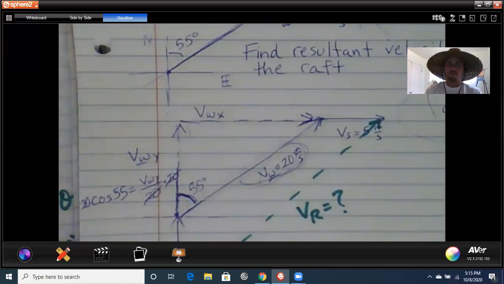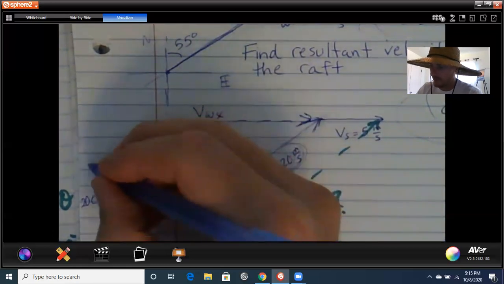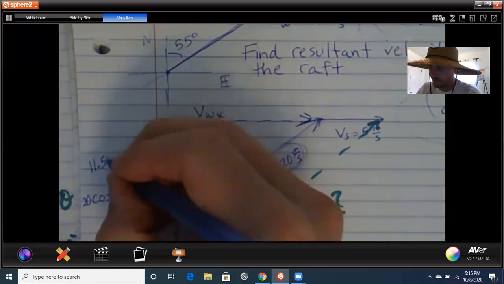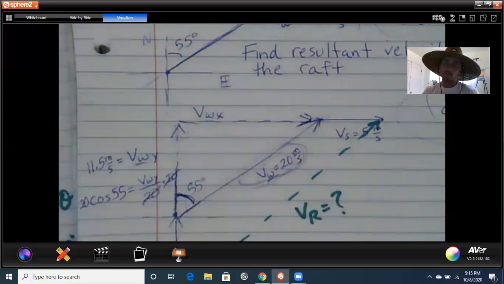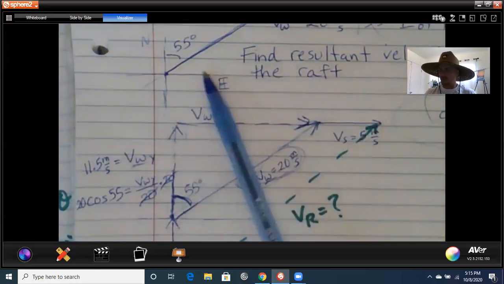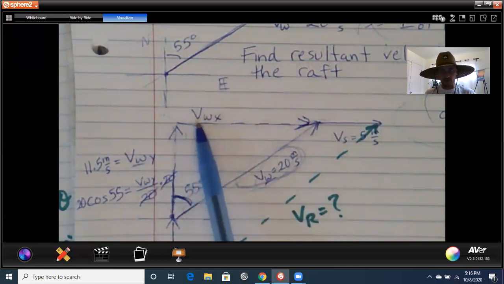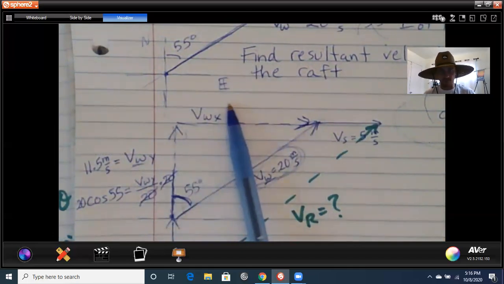Let's do a little calculator work. We got 20 times the cosine of 55, 11.47. You know what? That's pretty close to 11.5. I'm just going to call it 11.5 meters per second. Remember, these are all velocities. They're not displacements, okay? VWX, you can clearly see that this side of the triangle, VWX, is opposite from 55.